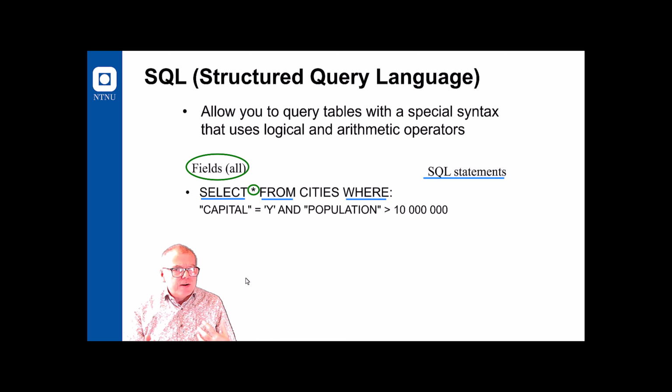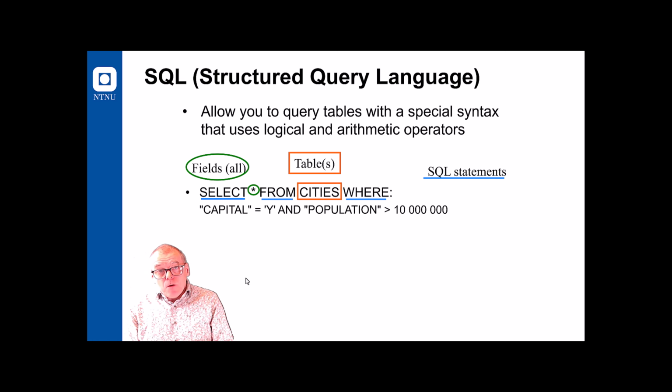This is not very common that you see in GIS, but if you see it, it means that you will be keeping all the fields in the attribute table that you are doing the selection on. So the selection will result in a new set, which you can store in a new feature class, for instance. This little star will then make sure that you keep all the fields in the table.